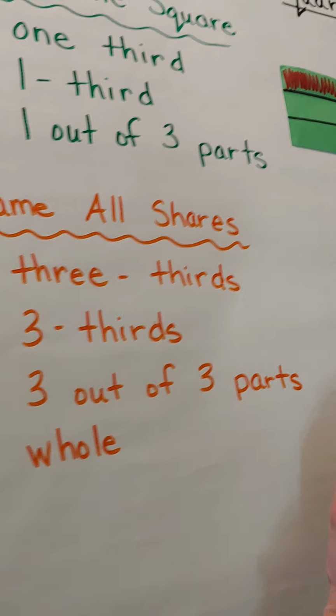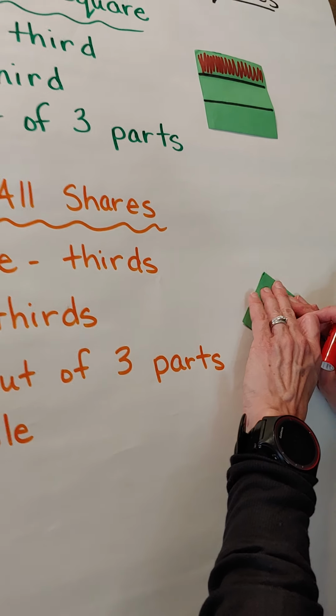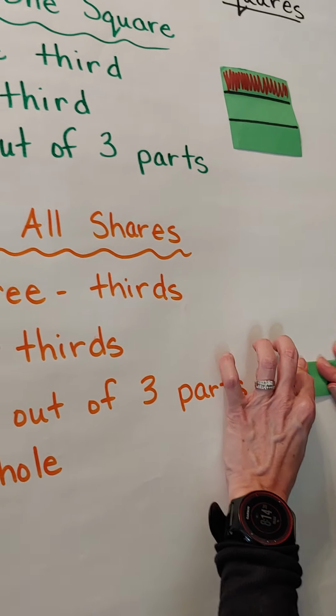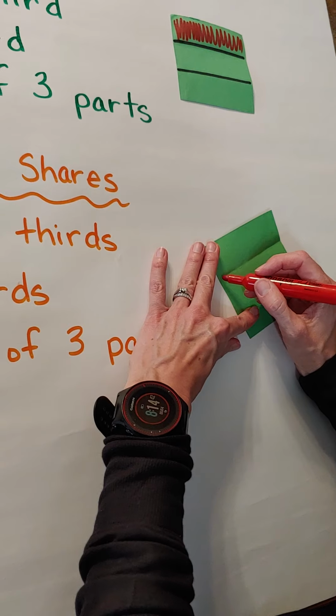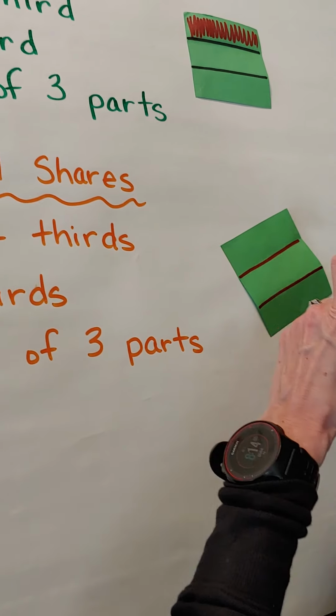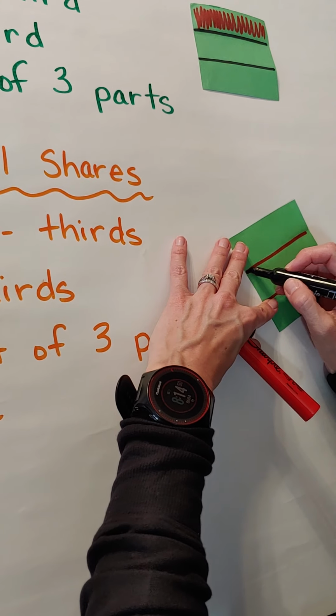Now what happens if I still have 3 parts like I did on the previous example? But the difference is we want to share, I want all the parts. Maybe I'll put that in black lines like I did the others here, friends.